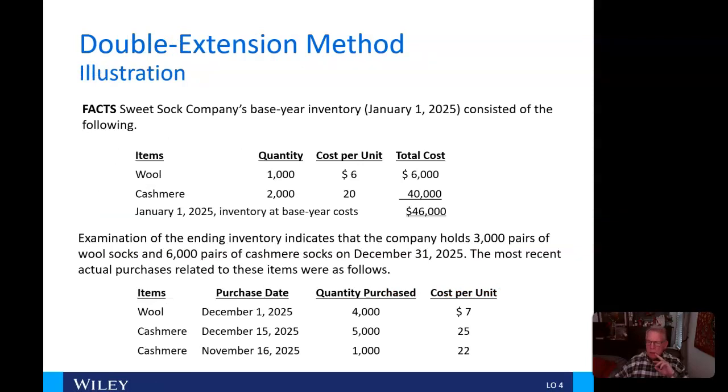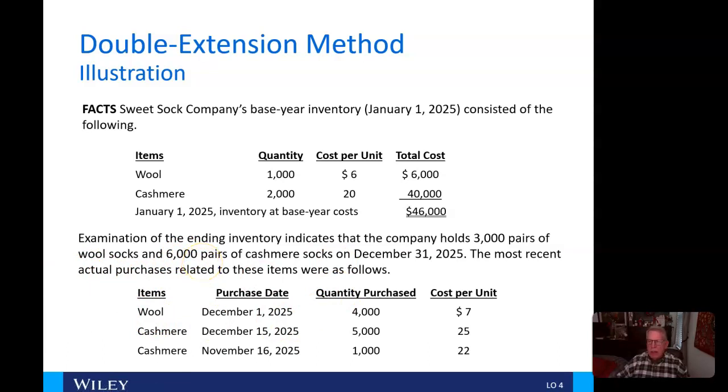All right, the double extension method is illustrated here. Sweet Sock Company's base year inventory starting January 1, 2025 had the following items. Here we have some wool socks and some cashmere socks, quantities, costs, and dollars. We examine the ending inventory and we have 3,000 pairs of wool socks and 6,000 pairs of cashmere socks.